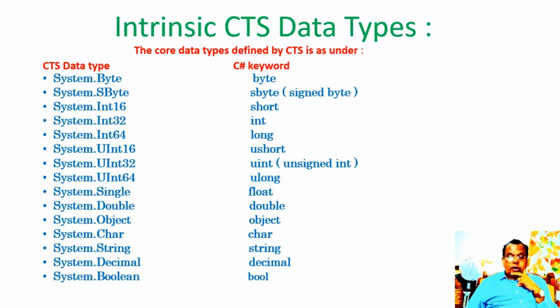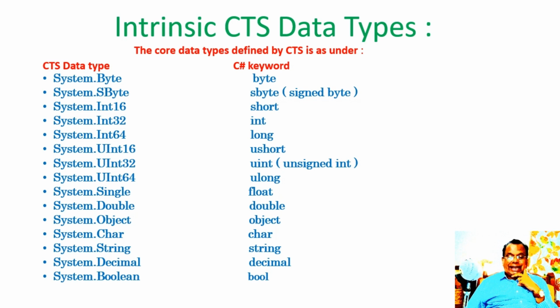Then System.Single, S capital, is nothing but float. The C sharp keyword is float. Again, System.Double, D capital, is our double. System.Object, O capital, is object.